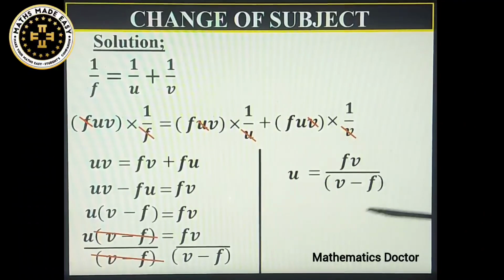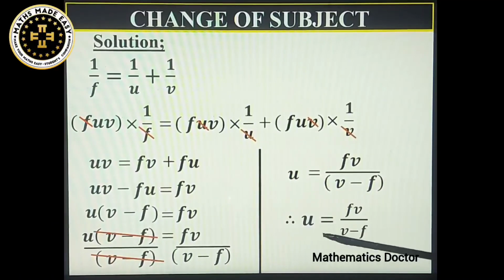So this will be the final answer, because u is now standing alone. For that matter, u is the subject. So therefore, u is equal to fv over v minus f. You can also leave the denominator out of the bracket because it's the same term. Okay, so ladies and gentlemen, this becomes our final answer.